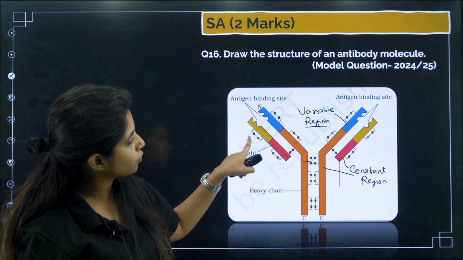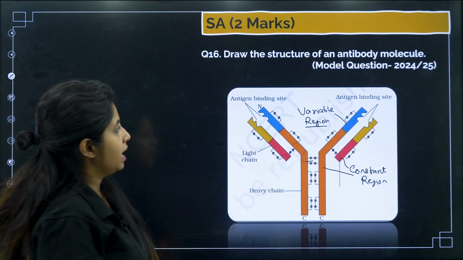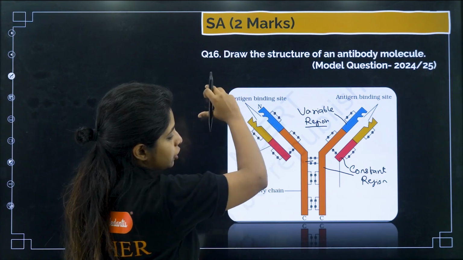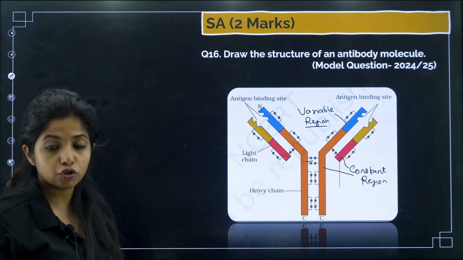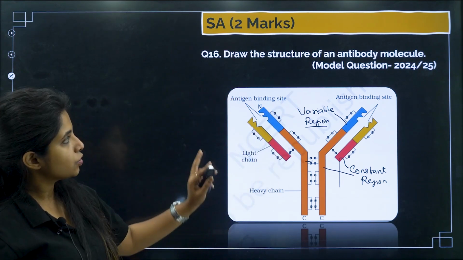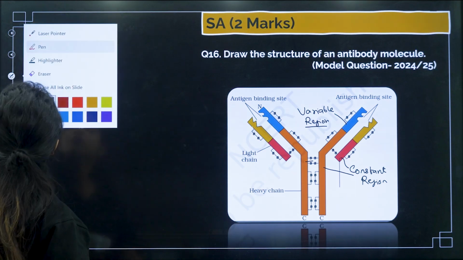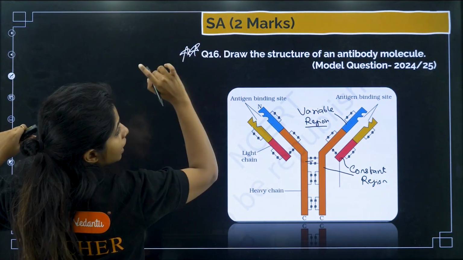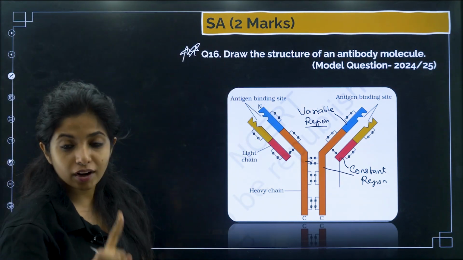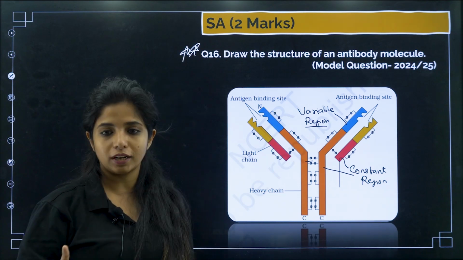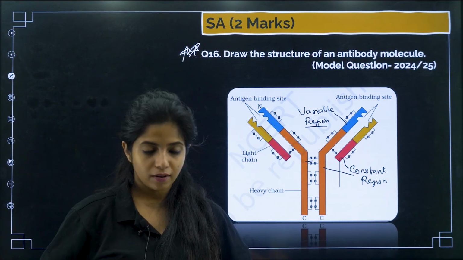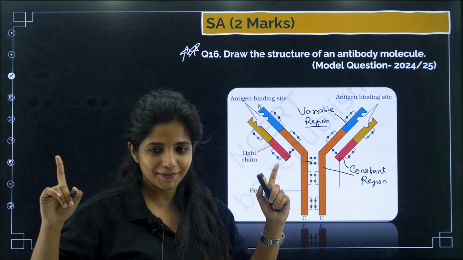Internally they have so many, that is different. Cool. And there will be an antigen binding site, and in the antigen also there will be an antibody binding site, which is known as the epitope. So this is the structure of the antibody molecule, which is a very, very important question. It came in your model question paper and in your previous year questions as well. So have this structure really in your mind. Okay?